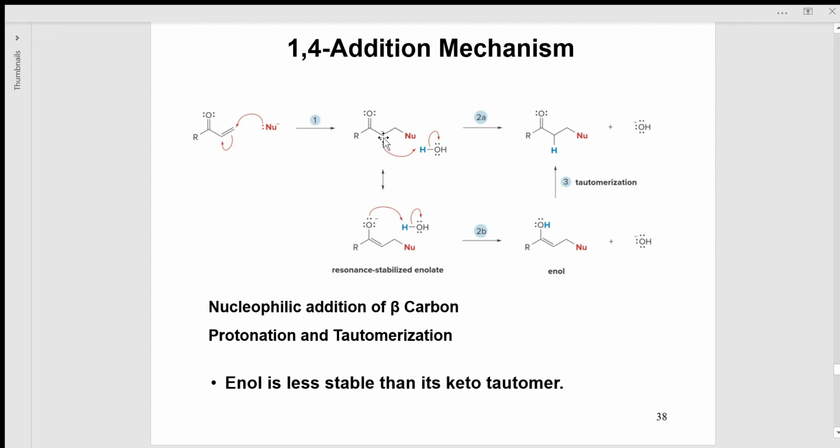So if we compare these 2 resonance structures, I will say this one is probably a better structure than this one. Why would I say this? Because in this case, the negative charge is located on the carbon. But in this structure, the negative charge is located on oxygen.